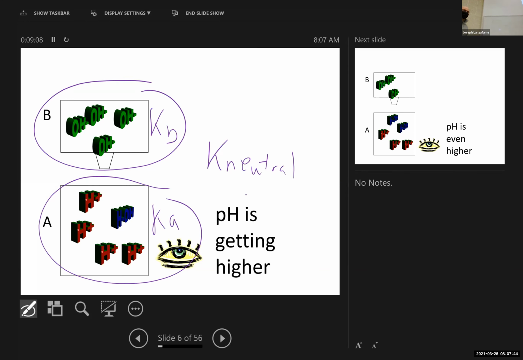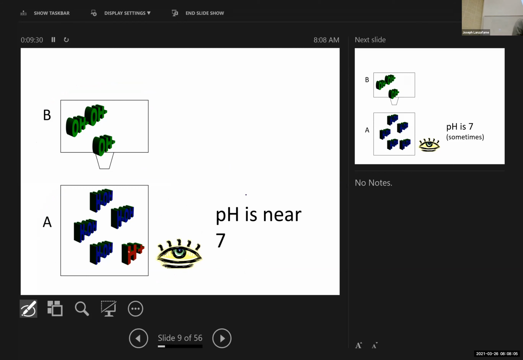And as I keep adding it, I keep quote unquote neutralizing the acid. And so the pH keeps going up, right? As I get closer to the end point, the pH is sometimes 7, right?